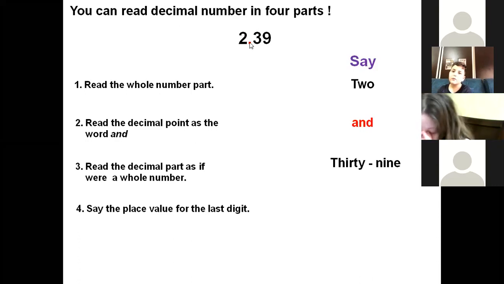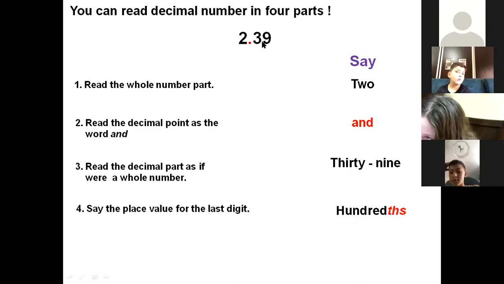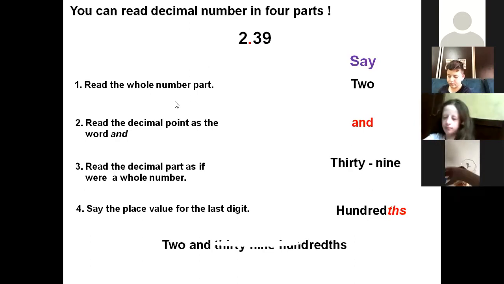So here, after the point, what do we have? We have tenths and we have hundredths, and hundredths is the last place. So we should add hundredths in reading the number. So in the end, we read the number as 2 and 39 hundredths.